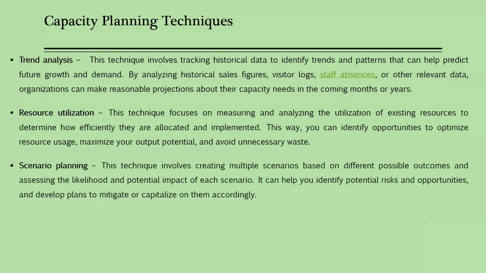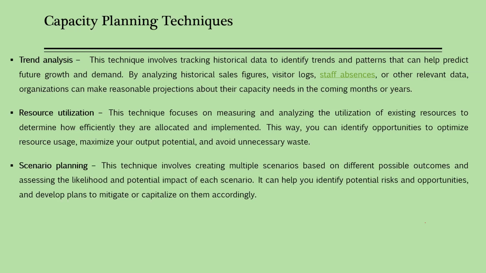Next one is scenario planning. This technique involves creating multiple scenarios based on different possible outcomes and assessing the likelihood and potential impact of each scenario. In scenario planning, we are assuming different scenarios. Based on these scenarios, we are going to assume what resources are needed and what outcomes will happen.